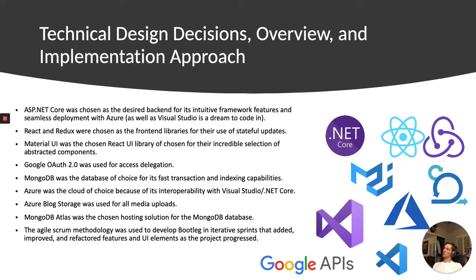I used Google OAuth 2.0 for access delegation. If you want to log in using your Gmail account, whatever, you can do that. I chose MongoDB. I liked NoSQL. I honestly don't think a SQL database is necessary in a lot of instances at this point.